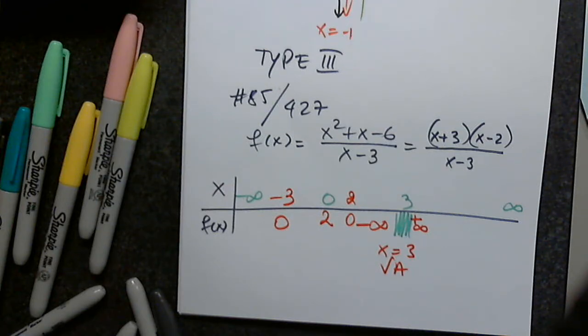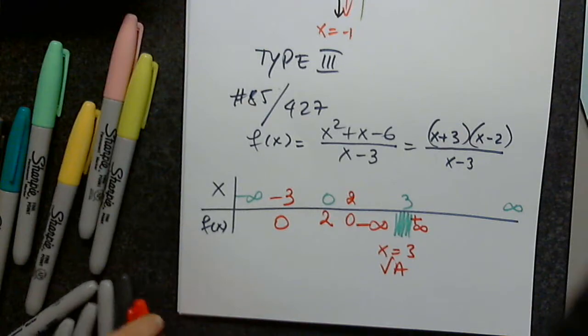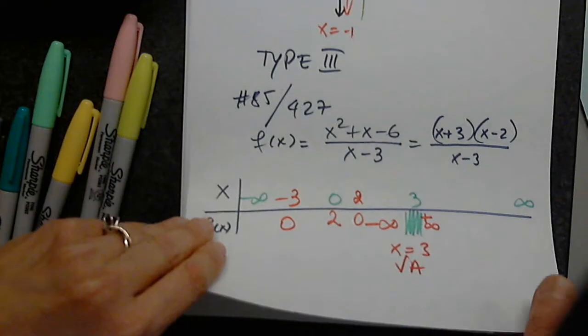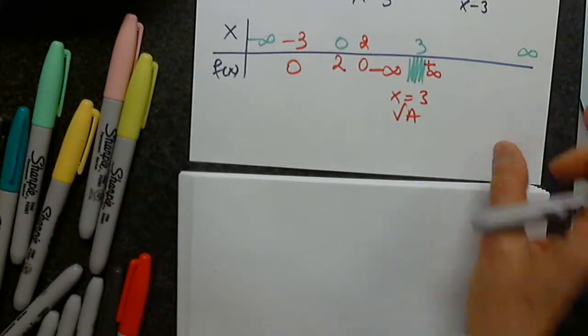The quotient I get from the division will be not horizontal, but it will be a line that is slant. And that will be the slant asymptote of the function. That's the only difference from the other two types. So let's use a long division or synthetic division to find the quotient, only the quotient.